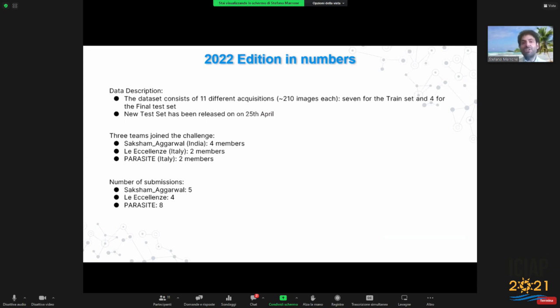Of these 11 acquisitions, 7 were used for the training, and the remaining 4 were used for the final test set. And in particular, the test set was divided into 2 stages. Starting from the very beginning, we released just 1 sample for the test set as we ran the challenge on Kaggle, and just 4 days before the final deadline, we released also the other 3 samples to run the final and actual test evaluation. 3 teams joined the challenge, 2 from Italy and 1 from India.